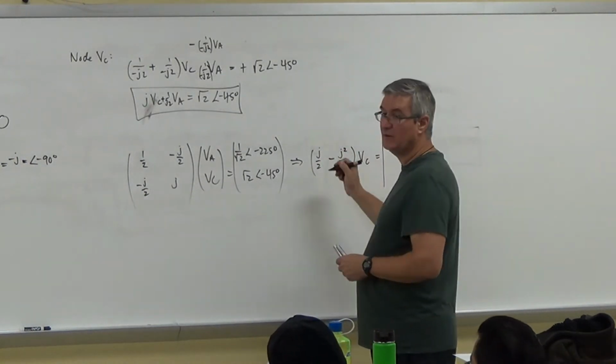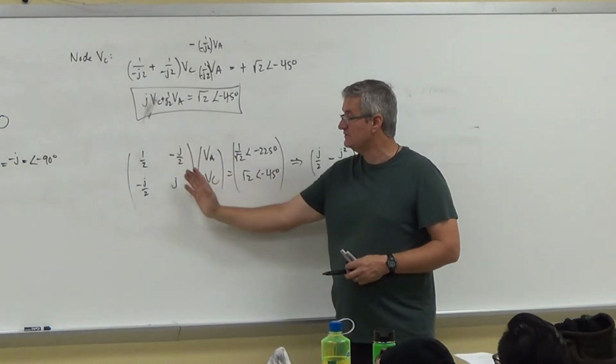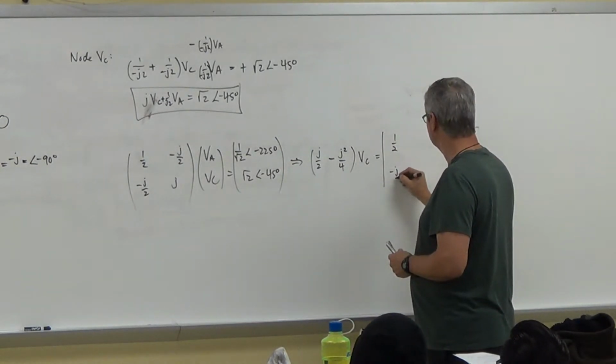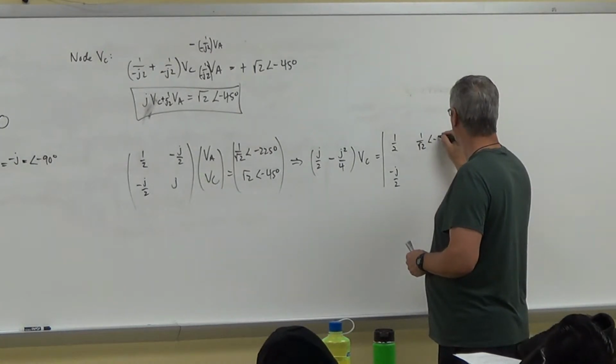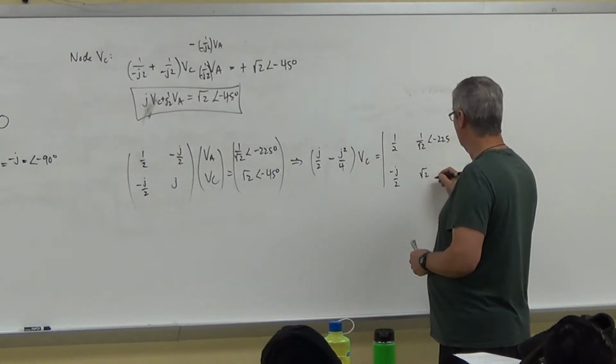Now, what is the right side? Remember, I take these and replace them with the VC terms. So I get 1/2 minus j over 2. Then I get 1 over the square root of 2, and this is the square root of 2.